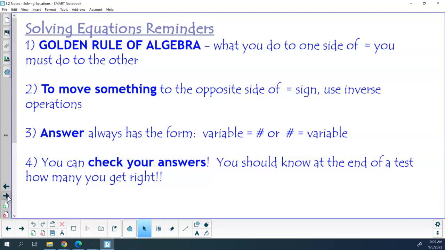Now, back when you were in middle school in your pre-algebra days, your teacher probably represented an equation as a balance, and that you always want to keep them balanced. So if you add 3 to one side of a balance, it's going to get out of whack. So you've got to add 3 to the other side.